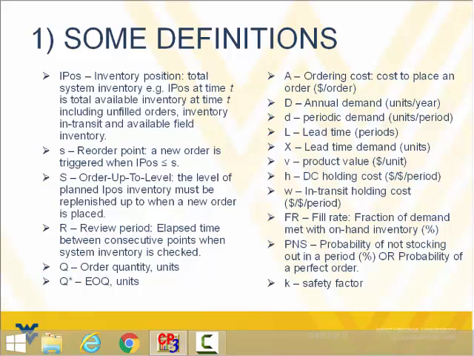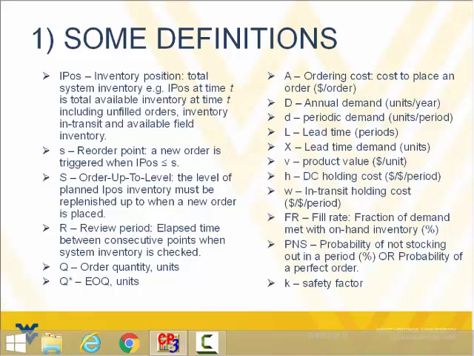It's a level that triggers an order. And you have a capital S, which is an order up to level, which is going to determine how much we order from the current inventory position. Inventory position includes available inventory as well as inventory on order. Okay, so inventory that we have on hand in the facility, as well as inventory that we have already placed, or orders that we placed and is on order.